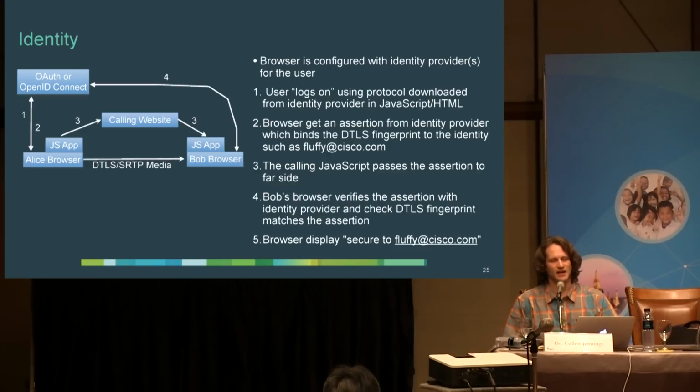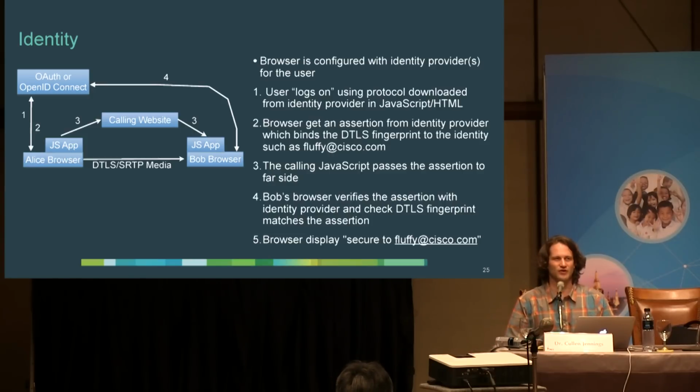The other thing is that really it was a pretty generic thing that I was describing here. It's a generic assertion, a generic way of getting the assertion. So yes, Alice and Alice's identity provider have to have a good understanding of what protocols or approach they're using, but for the most part, it's a pretty generic assertion that gets passed and checked to the far end.